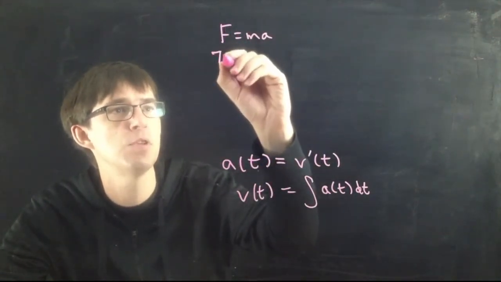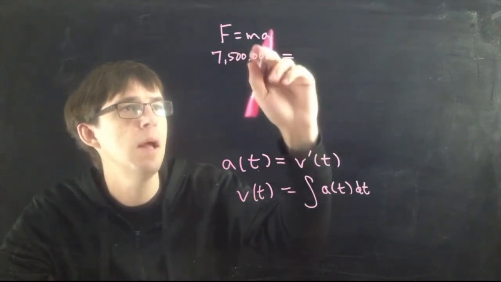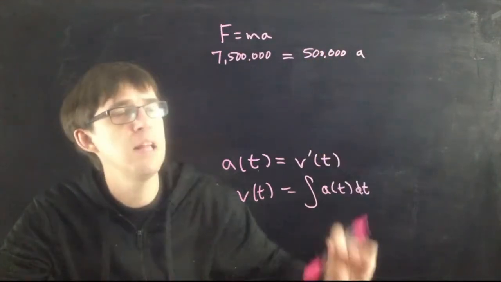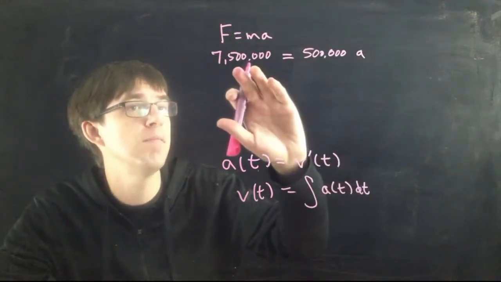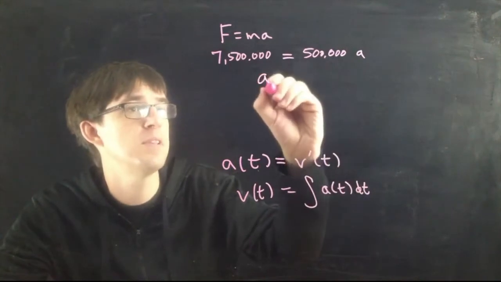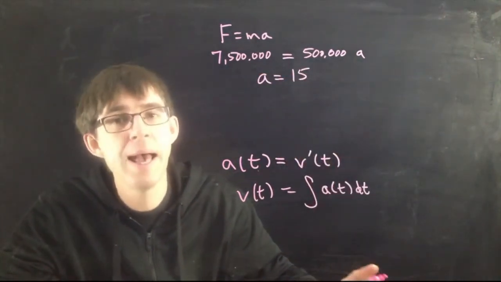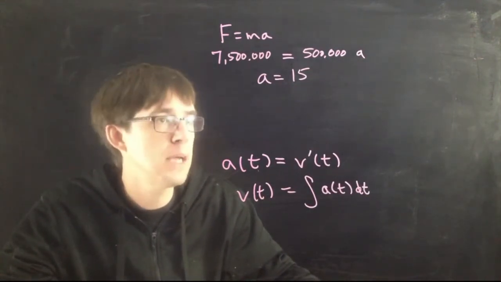So in this case, the force was 7,500,000 equals, and then the mass, I told you, was 500,000 times A, and you can solve this for the acceleration. 7,500,000 divided by 500,000 is 15. So in this case, A is going to be 15. So that means the rocket is accelerating at a constant 15 meters per second per second.